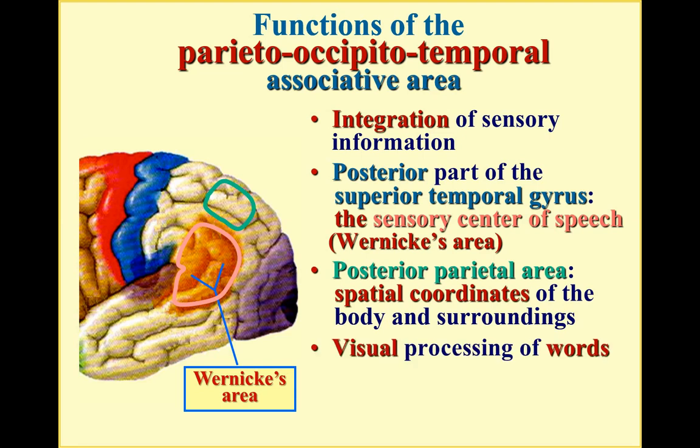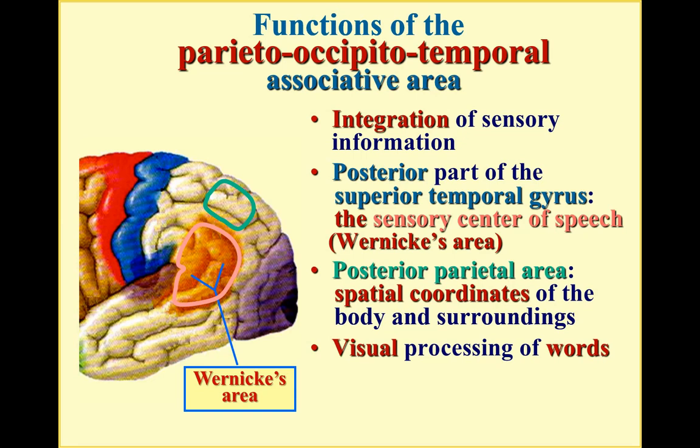Visual processing of words. This is also an important function that actually is for Wernicke's area. And visual processing supposes that the words are written or printed. And of course, first perception, visual perception, occurs with participation of the primary visual cortex, then secondary visual cortex.